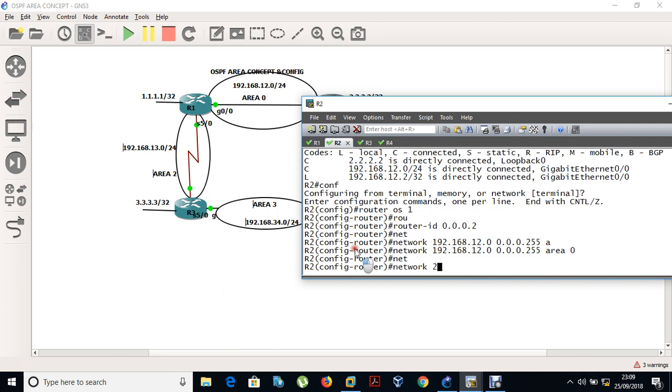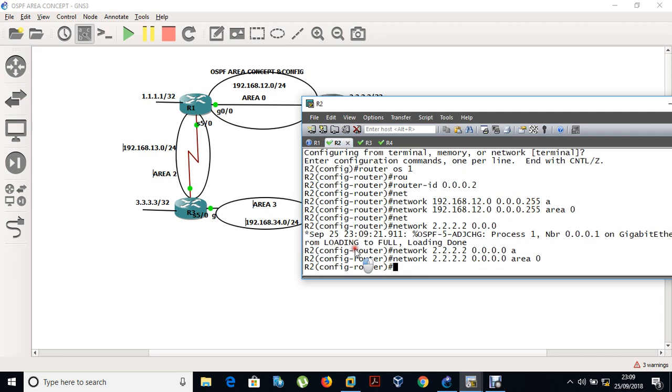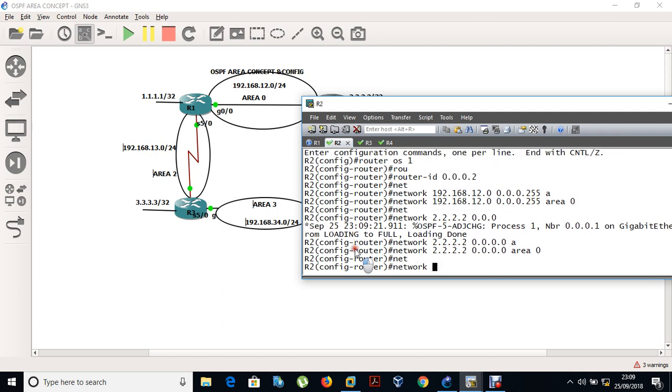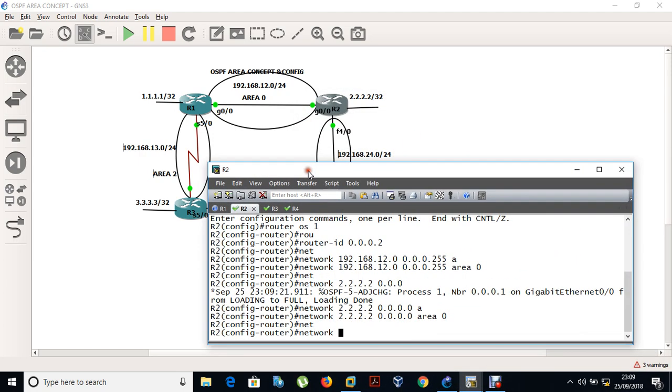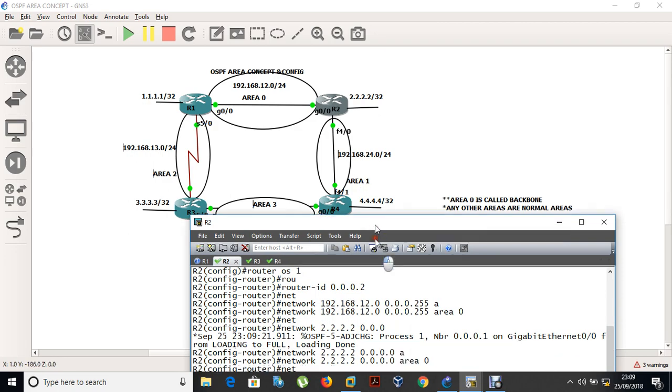Then network 2.2.2.2, I'm going to make this guy a member of area 0 as well. The network below that is 24, which will be area 1. We made this one area 1, so we're going to do area 1.